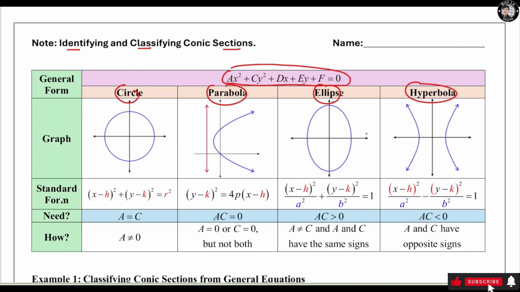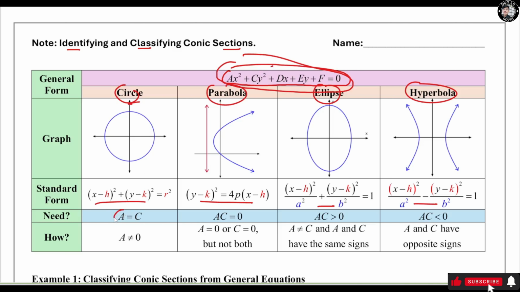And here's the standard form of the conic sections. First one, the circle, is going to be this one, then parabola, ellipse, and hyperbola. Now, given the general form right here, how do we know if this one represents the circle?